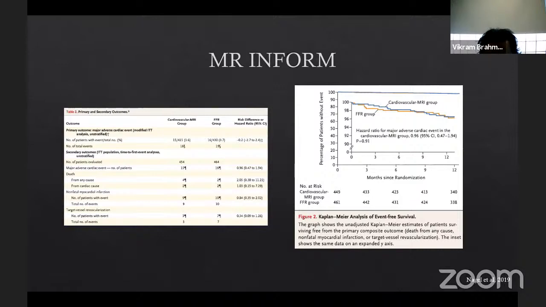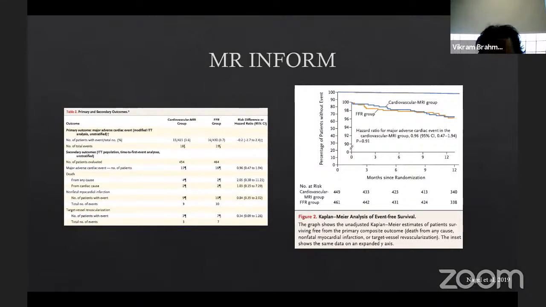And the primary outcome was a composite of death and non-fatal MI. So the stress MRI approach was found to be non-inferior to an FFR approach as an initial management. And the MRI group was associated with a lot less revascularization, so about 37.5% in the MRI group and 45% in the FFR group.